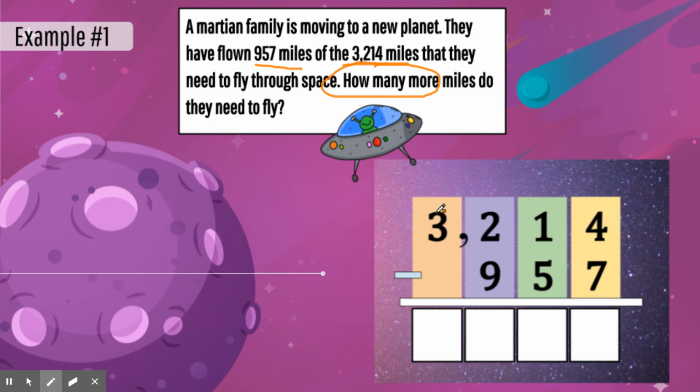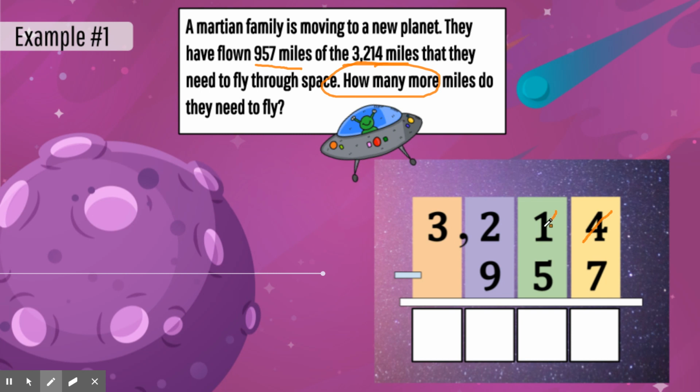Now the same rules apply to subtraction as we start with our ones place. Since my biggest number is on top, they need to stay in this order. But if you look at just this ones place right here, my smaller number is on top. So I cannot subtract 7 from 4.